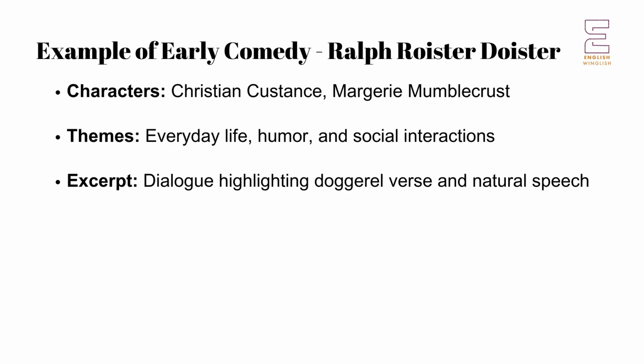Conclusion. The development of morality plays and medieval drama from the age of Chaucer to Spenser laid the foundation for the golden age of Elizabethan theatre. The transition from crude medieval festivities to structured forms of drama involved a rich tapestry of influences and innovations. The abundant and vital material produced during this period set the stage for the masterpieces of Shakespeare and his contemporaries, making it one of the most significant periods in the history of English literature.